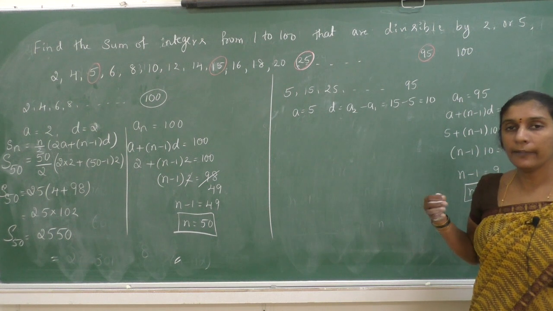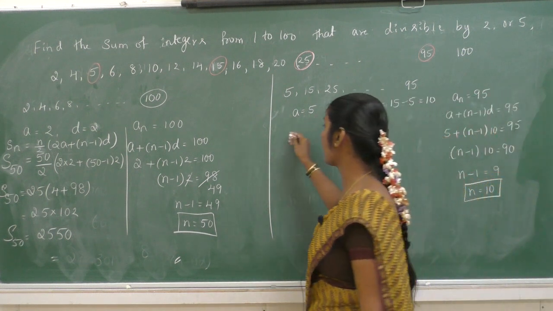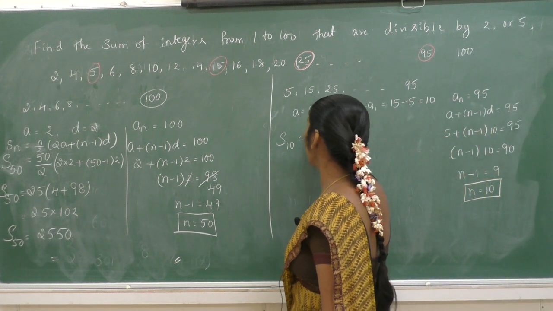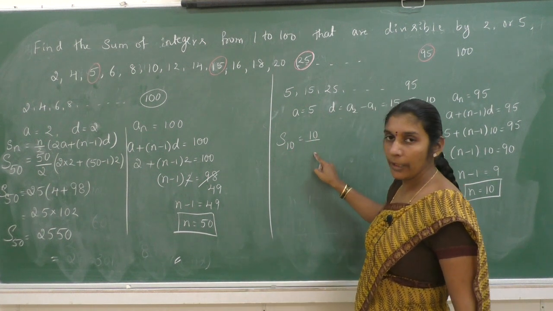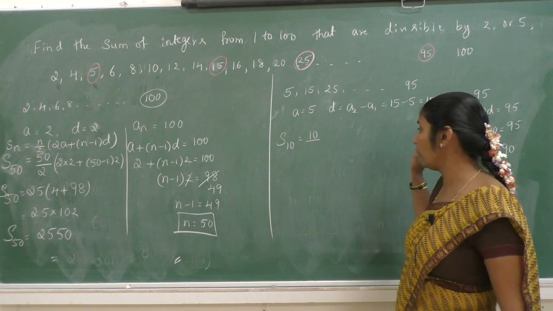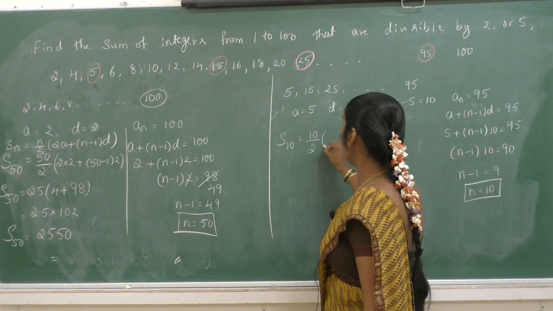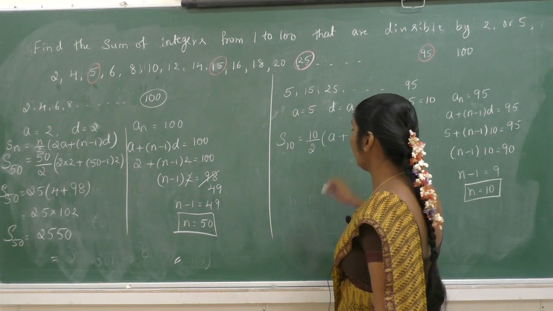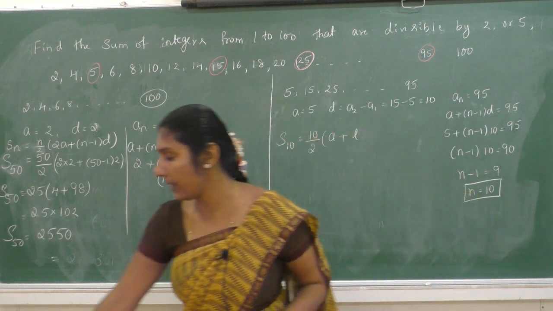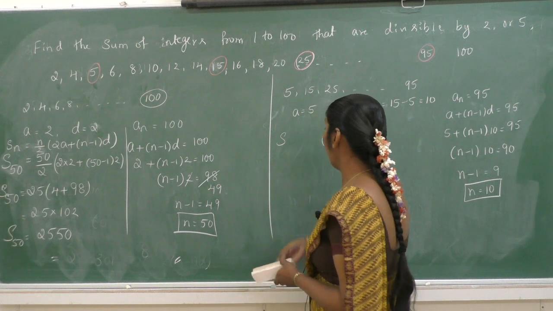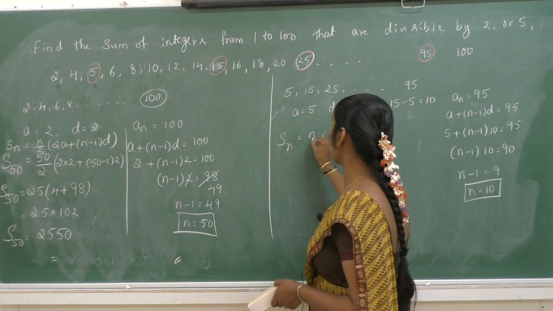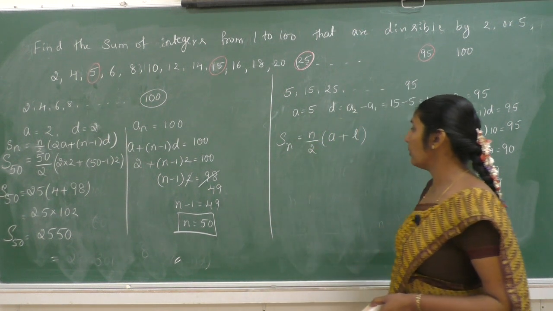You have to add the first 10 terms of this sequence. Write the Sn formula: Sn is equal to n by 2 into 2a plus n minus 1 into d, or n by 2 into a plus l. You can write whichever formula is convenient for you, then substitute. Sn is equal to n by 2 into a plus l.